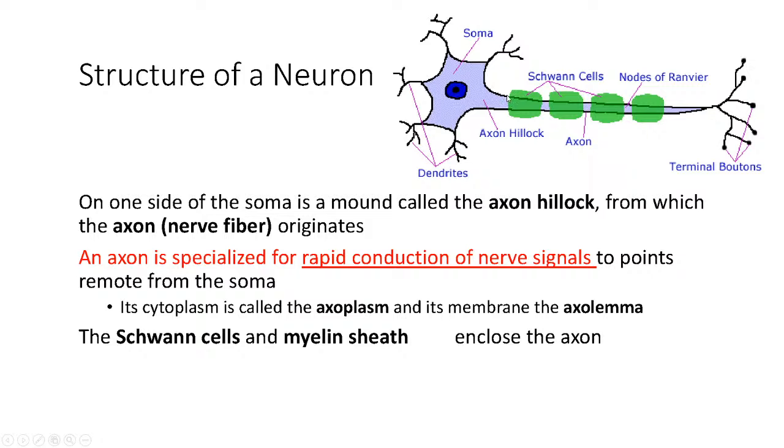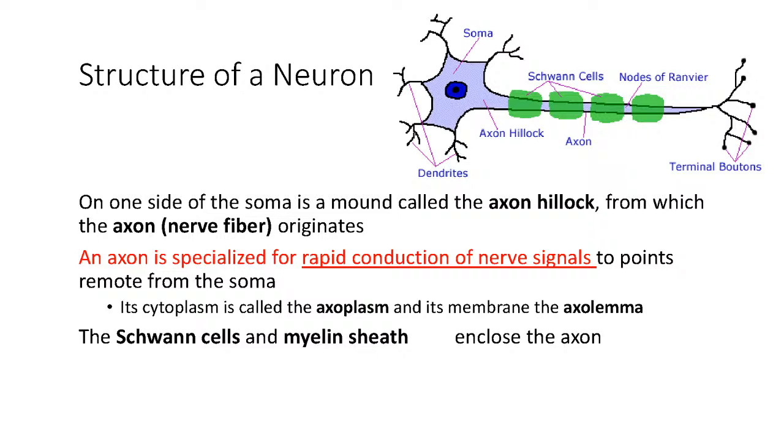And then instead of having to open and close sodium and potassium gates all the way down the axon, we actually can flip the polarity in this region, depolarize it, and that is enough to open up the voltage gated sodium channels in the next node of Ranvier and the next, and so on down. And so the signal is actually able to sort of skip these regions, which greatly speeds up the rate at which we're able to conduct this message along the axon.